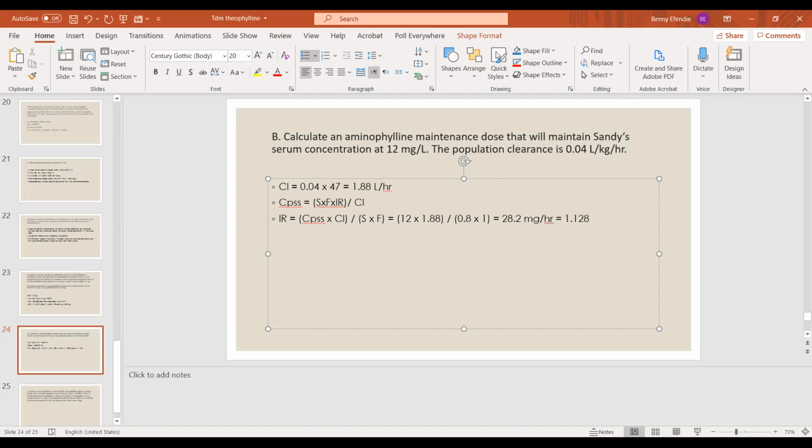So probably we take 1.1 ml per hour. A very small amount. Can you imagine, 1.1 ml per hour, so little, right?